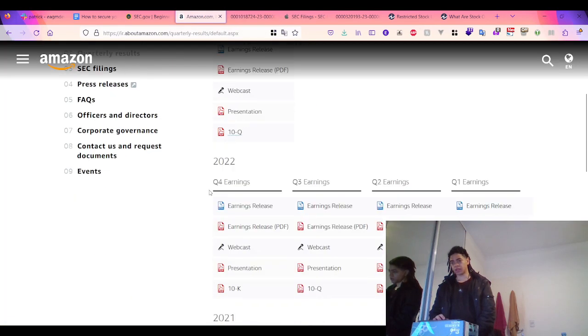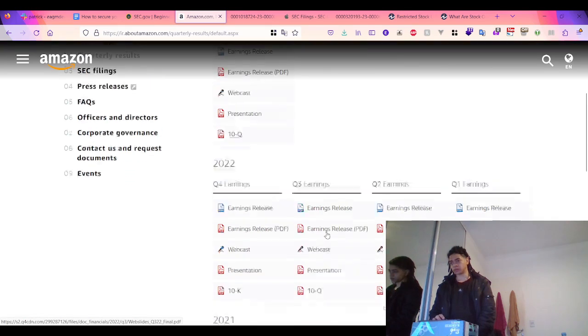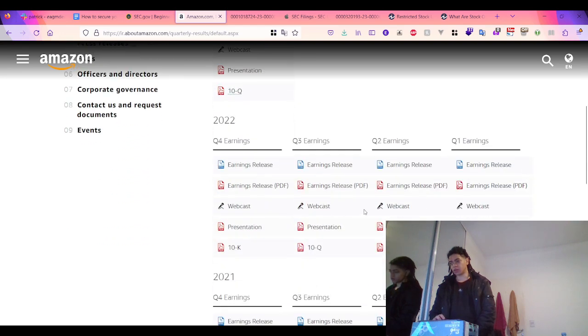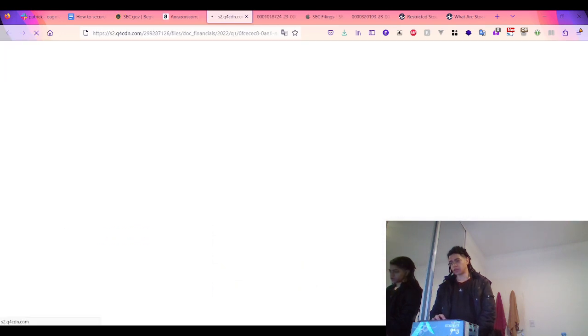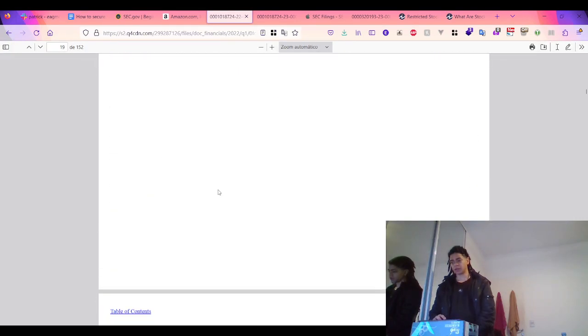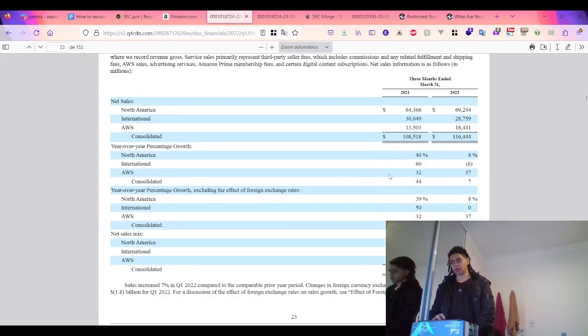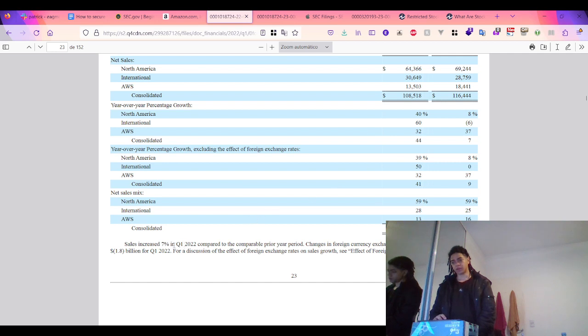So if I take a look at 2022, or 2021, the first quarter earnings, and here from 2022, and if I go back to the MD&A, and when I look here, sales increased 7% in quarter one compared to the comparable prior year.